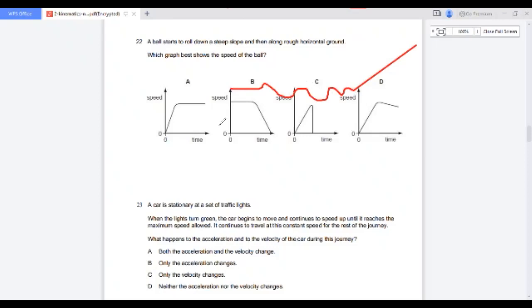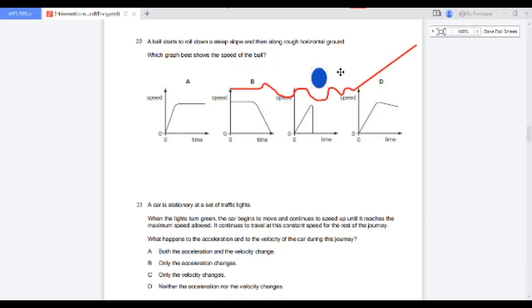Suppose a ball is rolled down from here. When a ball is rolled down, you can see till here the speed will increase. After this, due to friction, the speed of the ball will decrease.